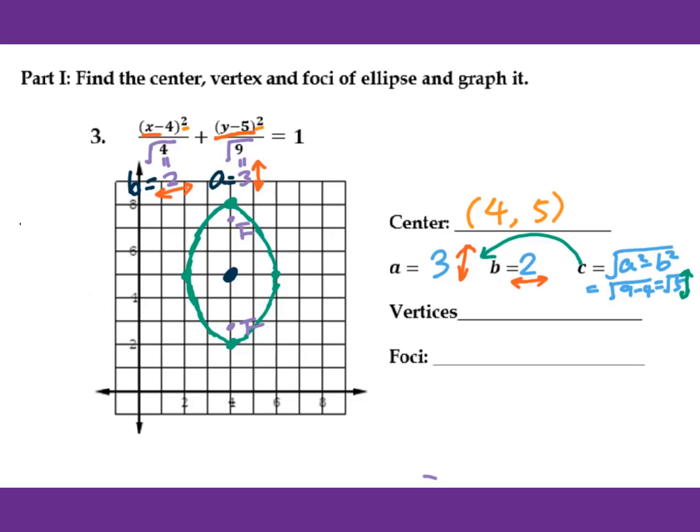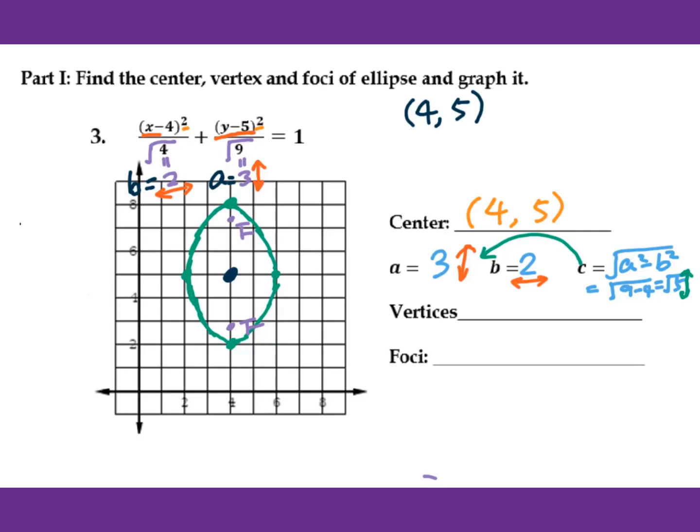Then we will work on vertices and foci. For the vertices, you can read the graph to figure it out. Also, you can calculate. For ellipse, calculation is much faster than reading the graph. First of all, I will write down the center (4, 5).